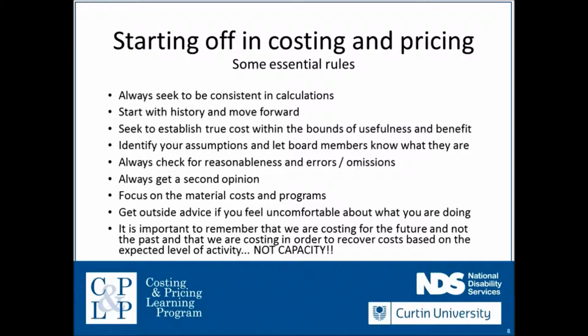The third element is, of course, that you need to establish true costs within the bounds of usefulness and benefit. In our last webinar, we talked about the cost-benefit ratio, or the cost-benefit rule, and this rule applies equally in this webinar.